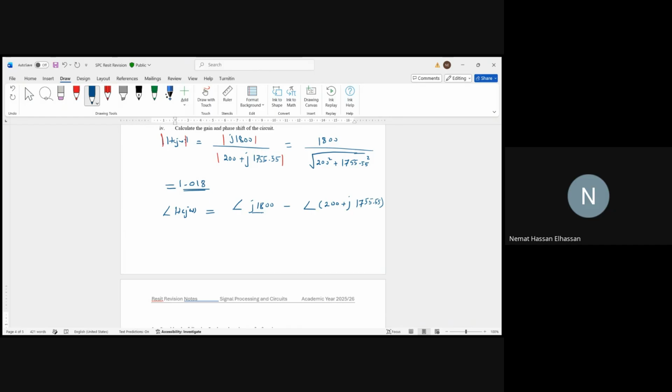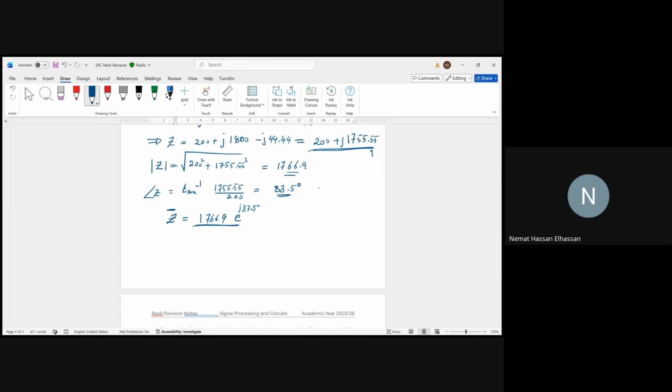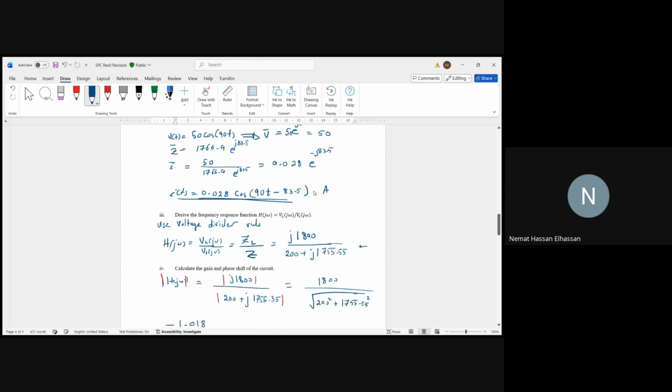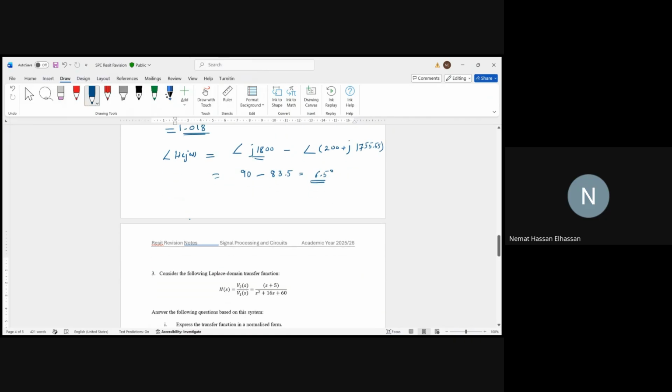The angle here, because the number is purely imaginary, would be equal to 90 degrees minus this angle, which we already evaluated previously to be 83.5. Therefore the phase shift will be 6.5 degrees. So that would be the answer that we're looking for, the magnitude and the phase shift.